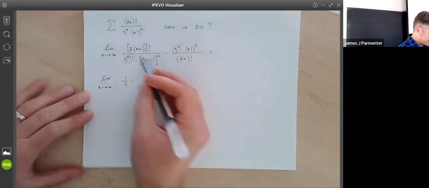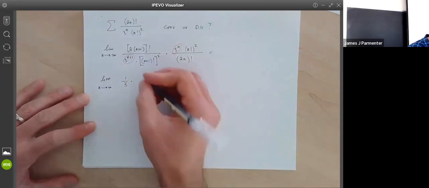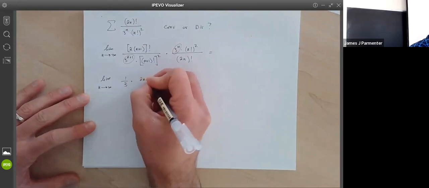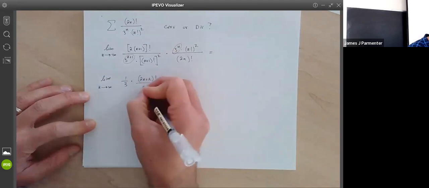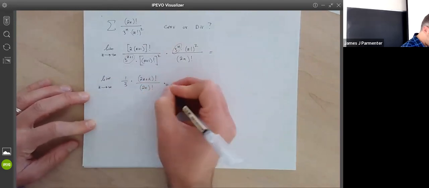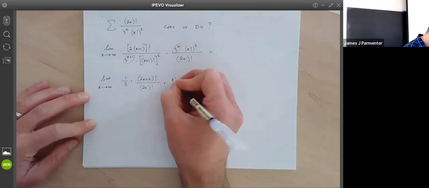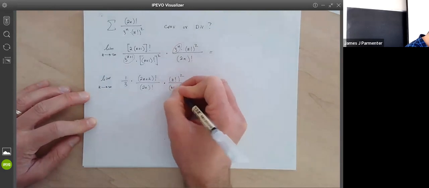And then, all right, 2 times n plus 1 is really 2n plus 2 factorial over 2n factorial. And then we also have an n factorial squared over an n plus 1 factorial squared.